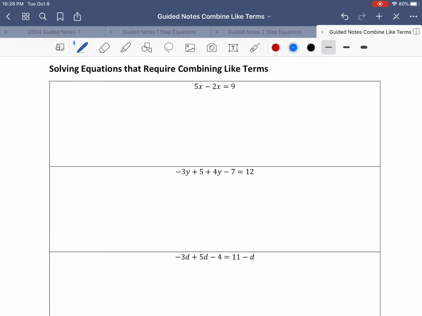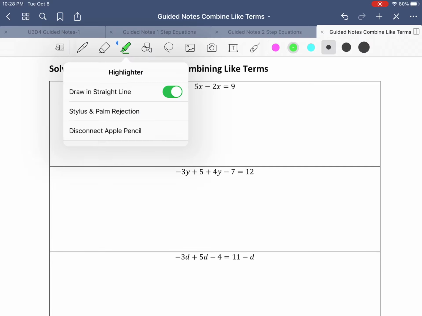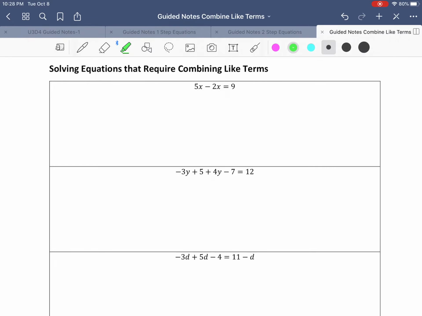Okay, and now we're going to finally solve equations that require combining the like terms. So here we have a 5x minus a 2x. And we know that those are like terms. So I'm going to do 5 minus 2, and I get 3x equals 9.